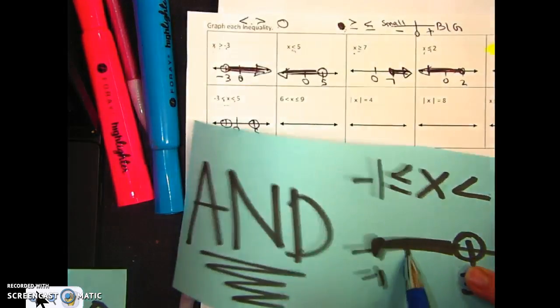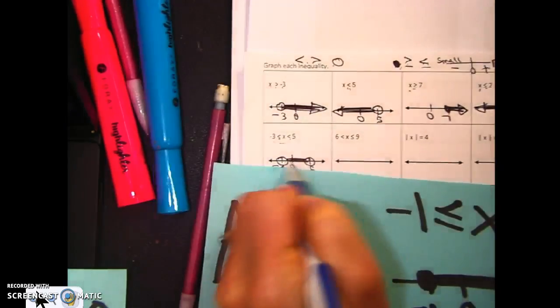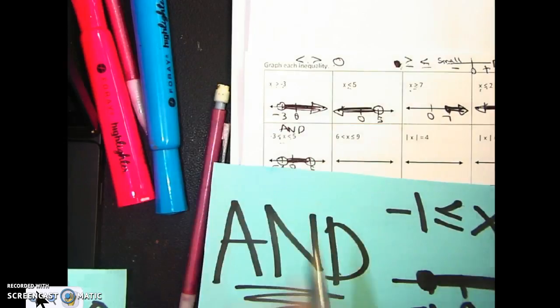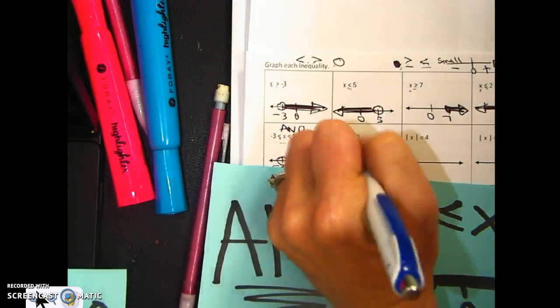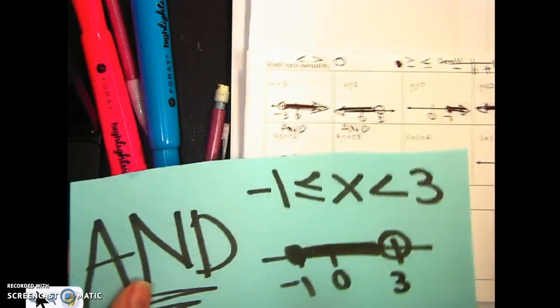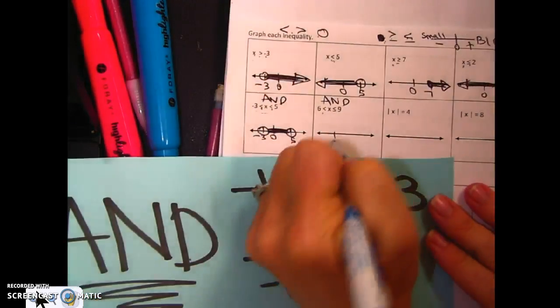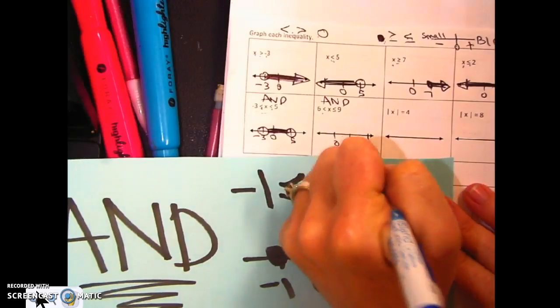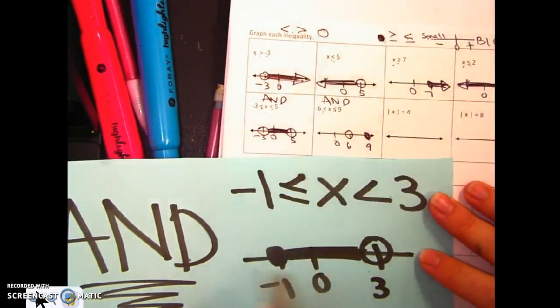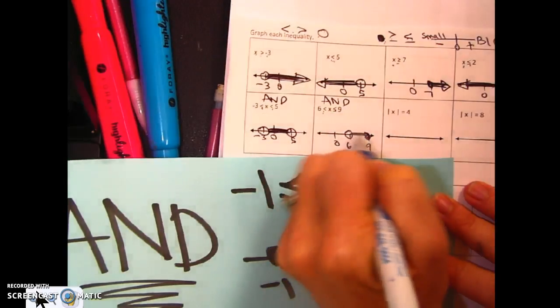Shade in the middle. So just in the middle, all of that, in the middle, and. Because this is an and. This is also an and. Okay? Same thing, I shade in the middle. 6 is on the right and 9 is on the right. Open circle, closed circle, and means in the middle. Okay?